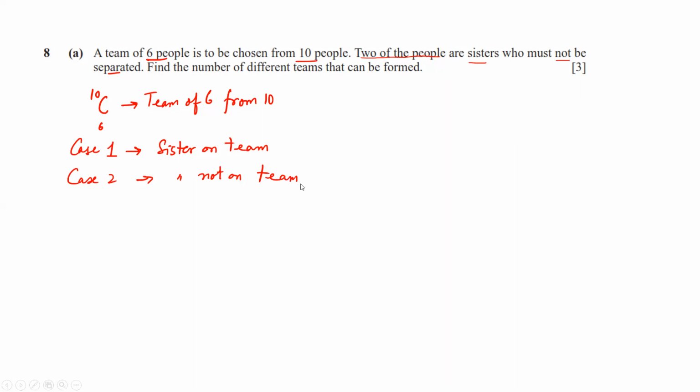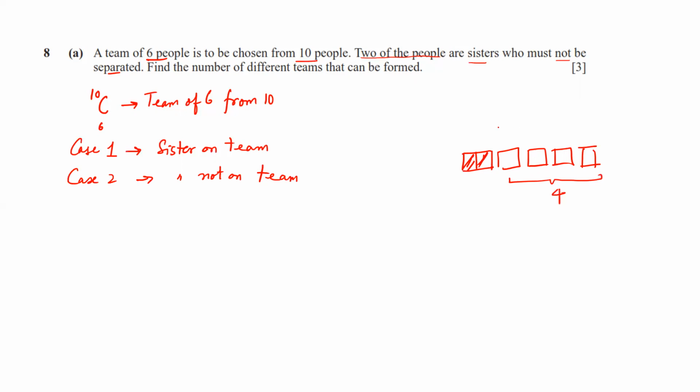So when the sisters are on the team, how many combinations will there be? The sisters, one and two, will be on the team, and we have to add 1, 2, 3, 4, 5, and 6. So we have to add the remaining 4 other people.